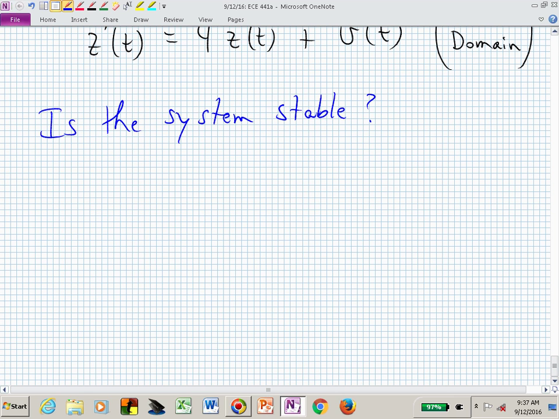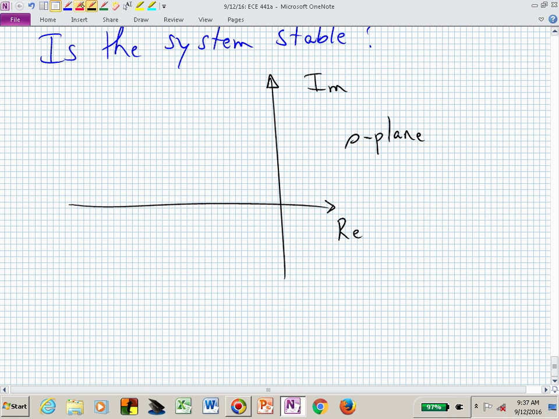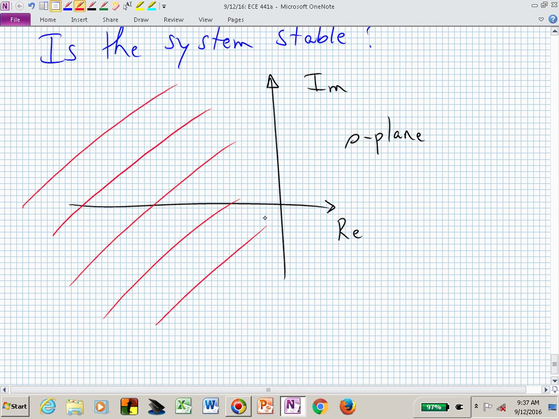Where do we need to live in the complex S-plane if we want a system to be stable? So here's the S-plane, here's the imaginary axis, here's the real axis, and we wanted a system to be stable, where would we want the poles of that system to live? We want to be over here, don't we?